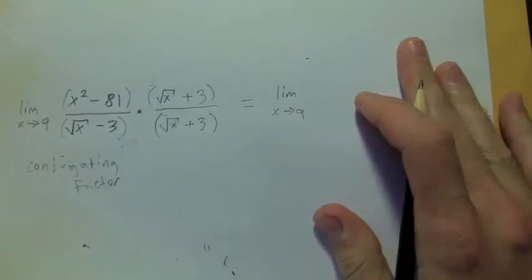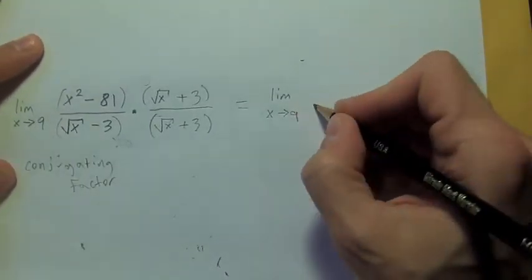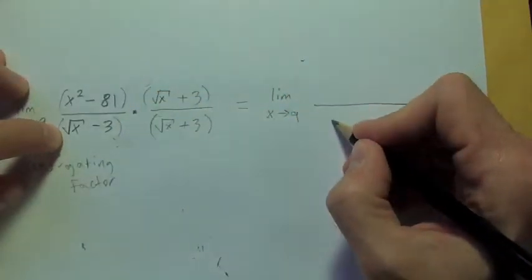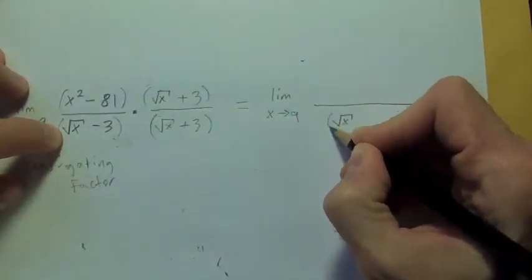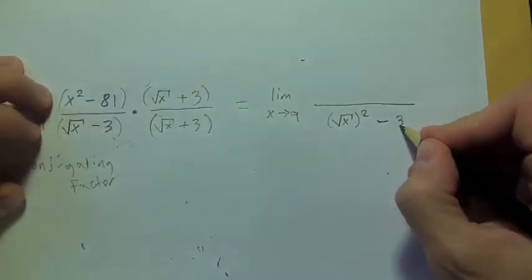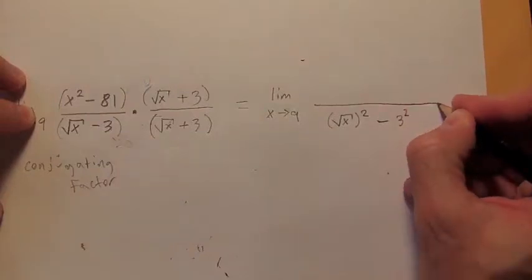I'm going to write this step pretty explicitly here. Let's start with the denominator. Remember, this is going to be this term squared minus this term squared. That is what helps there.